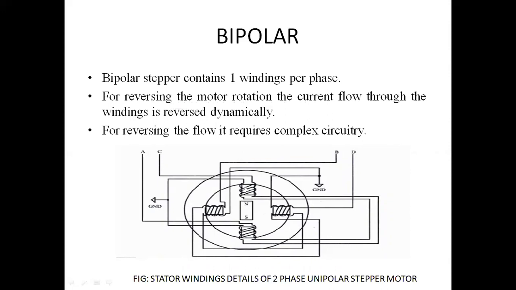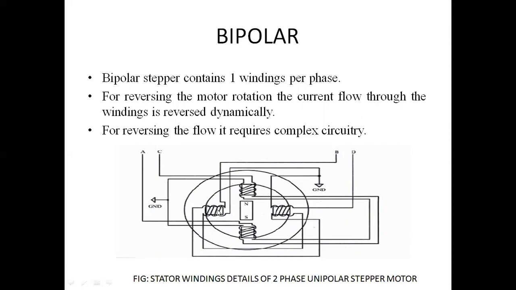For example, there are four windings, 1, 2, 3, and 4, where one end of the winding will be connected as C, which we have seen earlier, and the opposite end will be A. One end is connected to C and another end to A, and the other ends will be connected to ground.